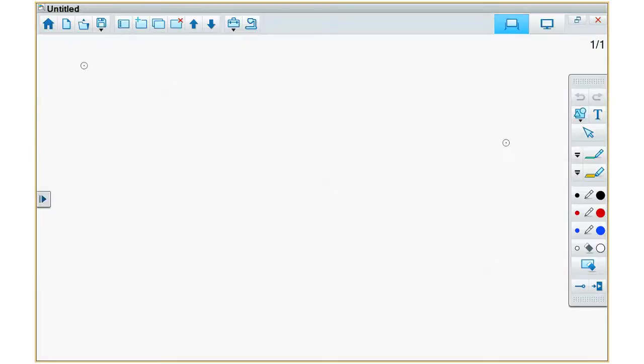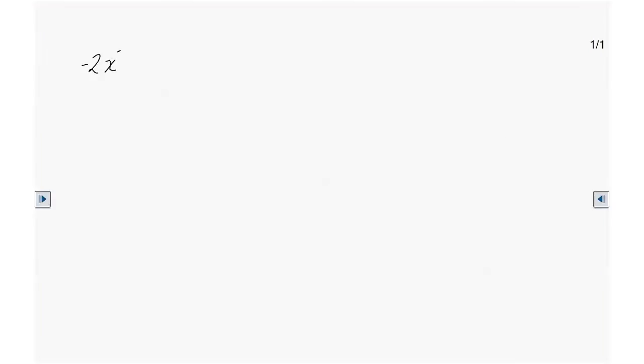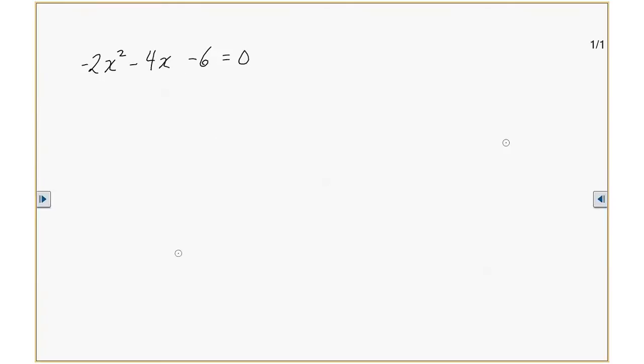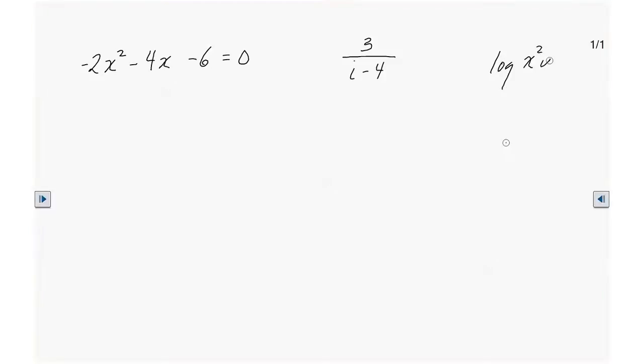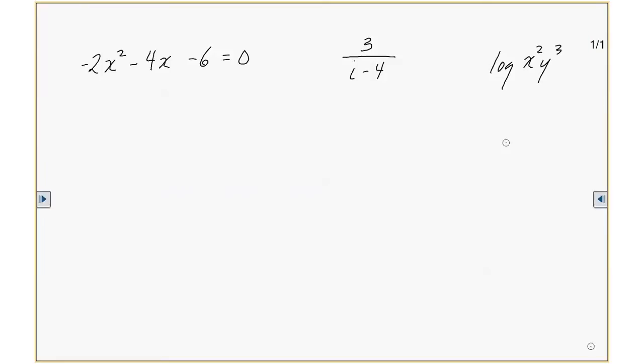So negative 2x squared minus 4x minus 6 is equal to 0, and 3 over i minus 4, and log of x squared y to the third. All right, do those three.